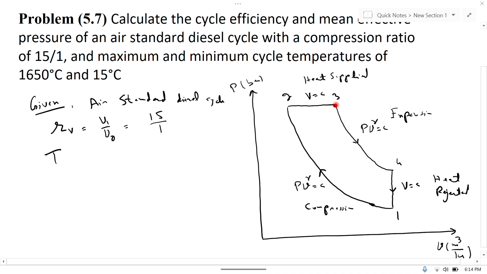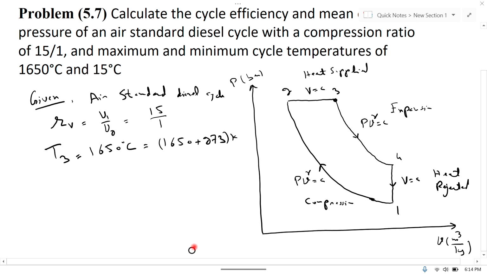If we look into the PV diagram, at point 3 the temperature will be maximum. So T3 is equal to 1650 degrees centigrade. Convert this into Kelvin, which is 1650 plus 273, equal to 1923 Kelvin.